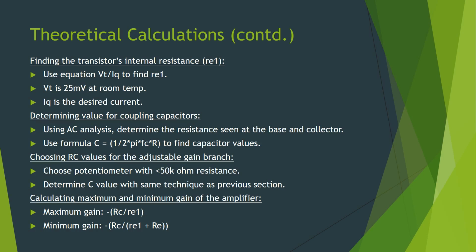For the minimum gain, we divide the collector resistor by Re prime in addition to the emitter resistor. So in this case it's negative 10,000 ohms divided by 25 plus 100. This gives us a gain value of 9.75 or 19.8 dB.